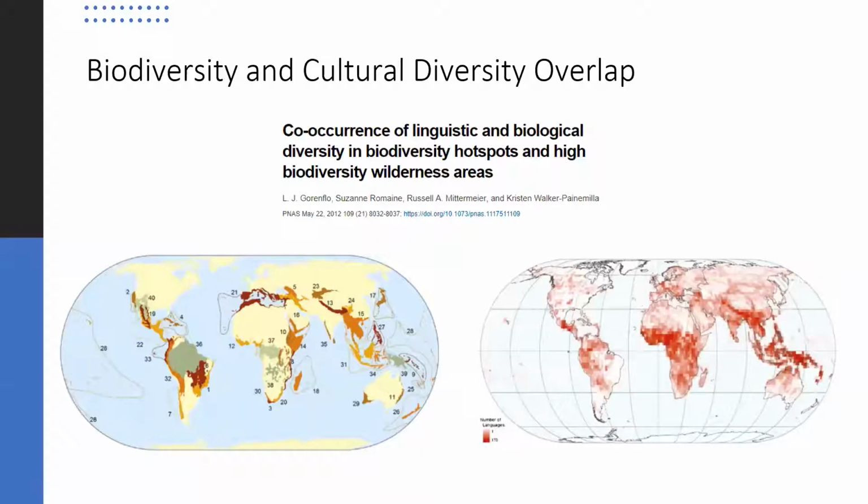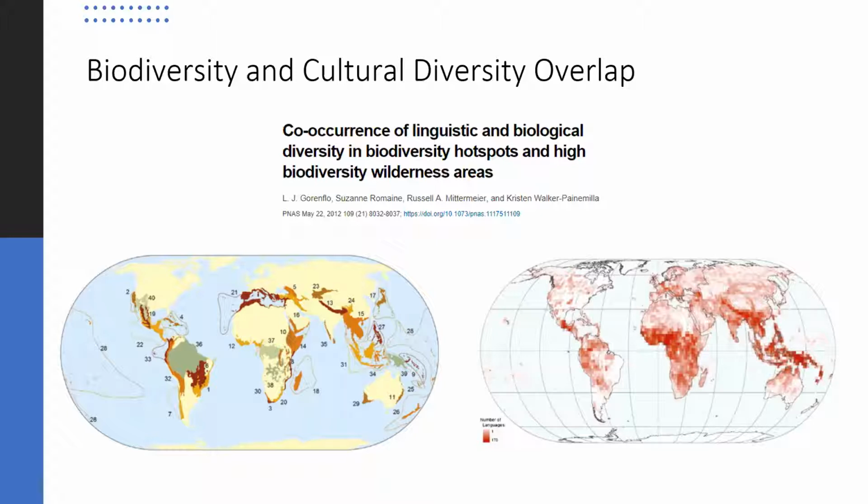And another paper highlights that. This paper that came out in 2012 looked at the overlap of cultural diversity, where here they're using linguistic diversity, the number of endemic languages spoken in a given area, as a proxy for cultural diversity, because if you have more languages, there's a really nice tight relationship with having more cultural diversity.